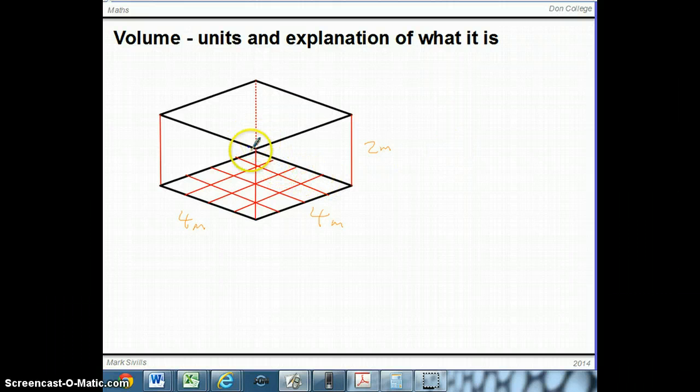Well, if we just draw in one of these cubes to start with, we've got a height going along here of 2 meters. That gives us 2 layers, if you like. 1 meter high and 1 meter high there.